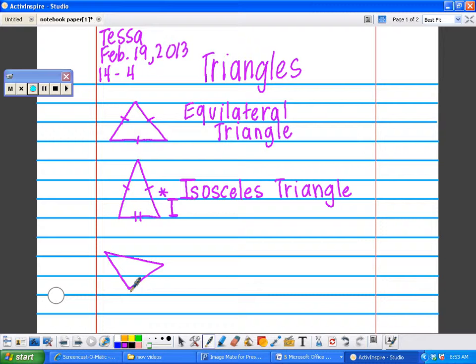That looks like it may be long or the same now. There we go. Is yours better? Yes, yours looks better than mine. I think that one's better. This is a scalene.